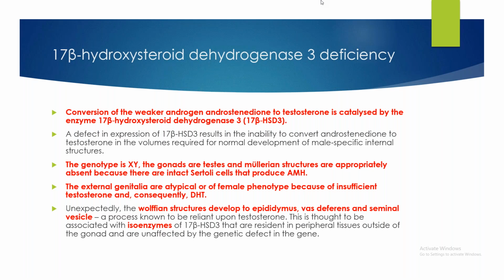Because there is presence of isoenzyme of this 17 beta hydroxysteroid dehydrogenase, which is resistant in peripheral tissues, and so this gene defect will not act on these isoenzymes. So other internal genitalia will be of male type, but external genitalia will be atypical or female type because there is inadequate testosterone.